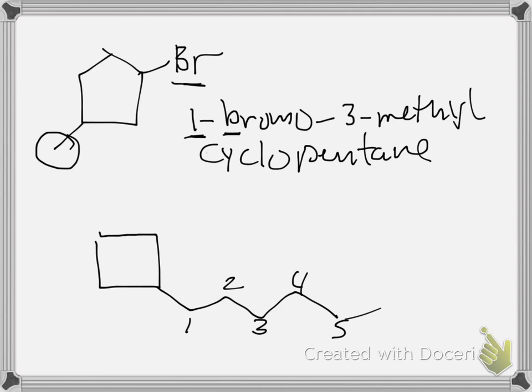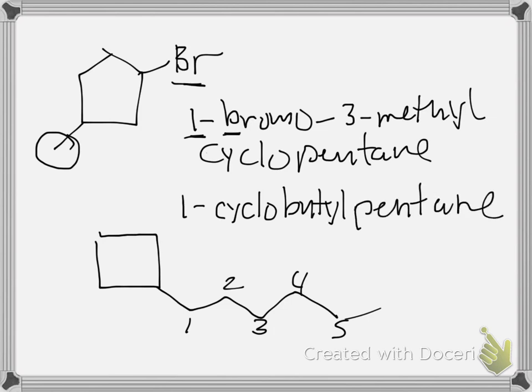So when you run into a situation like this, then the ring is named as a substituent on the longer carbon chain parent. So this would be called 1-cyclobutylpentane, not pentylcyclobutane.